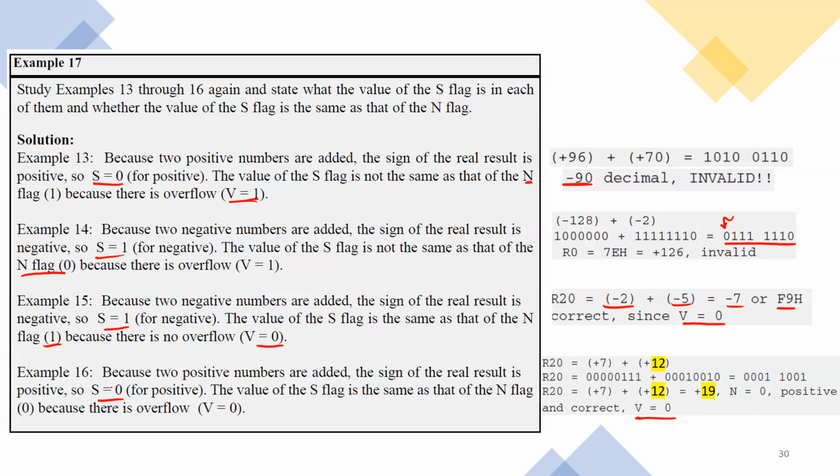So finally, guys, we can figure out if the number is positive or negative in any operation, addition, subtraction, any mathematical operation, by means of S. So finally, if S equals 0, this means we have a positive number, and if S equals 1, we have a negative number.